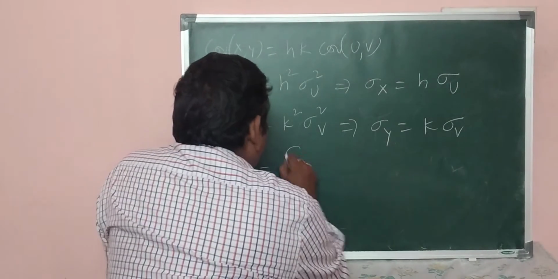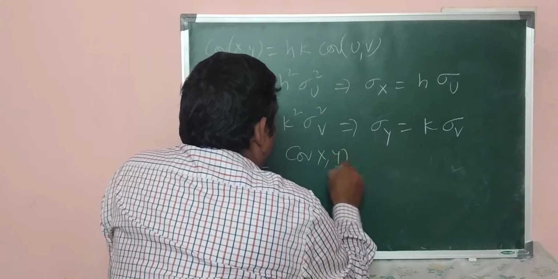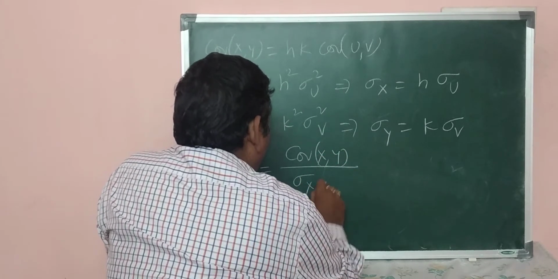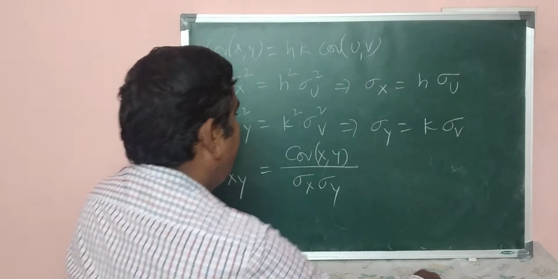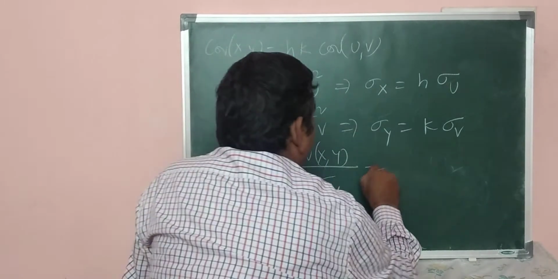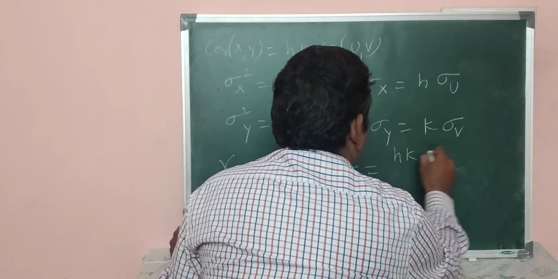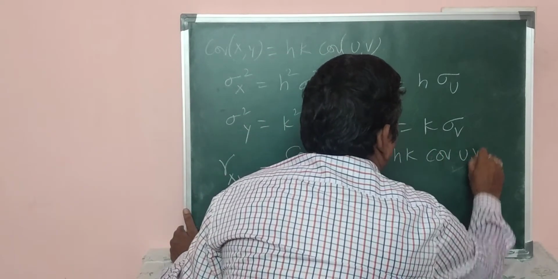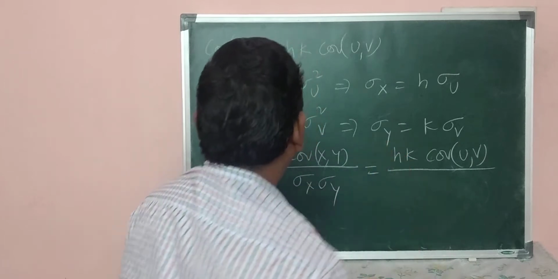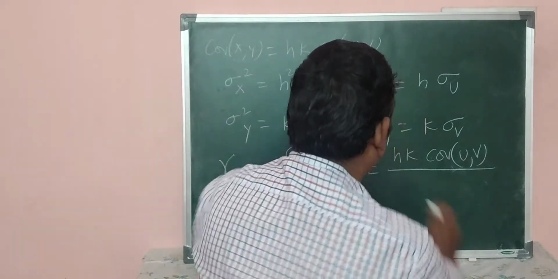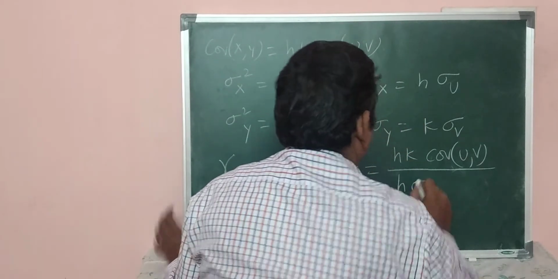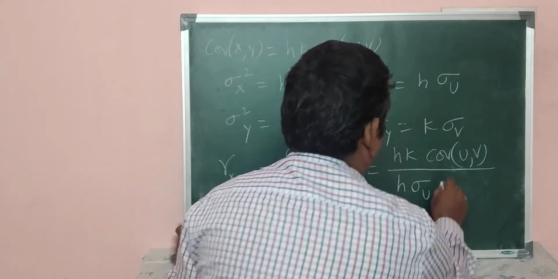What is Rxy? Covariance of x comma y divided by sigma x sigma y. We have all the values here, so I am substituting them. Covariance of xy is hk into covariance of u comma v, divided by sigma x, which is h into sigma u, and sigma y, which is k into sigma v.